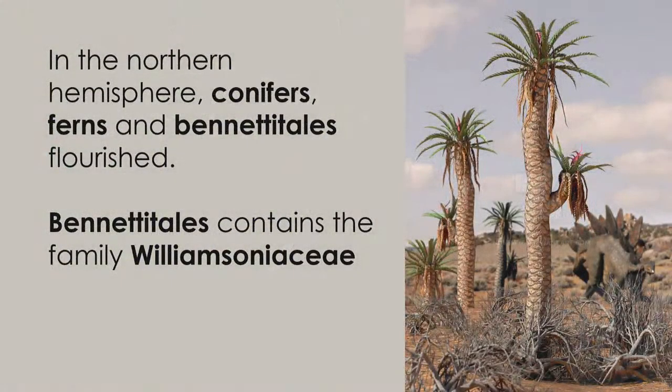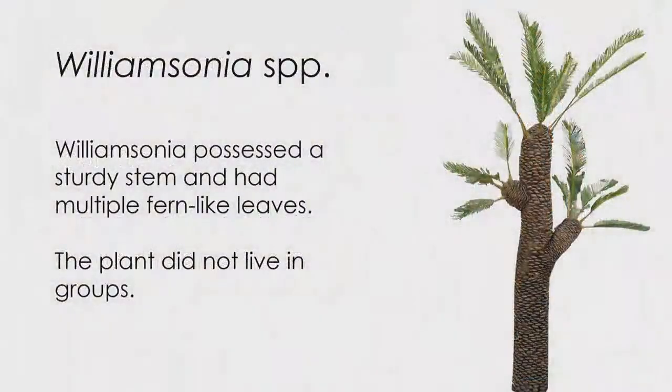In the northern hemisphere, conifers, ferns, and Bennettitales flourish. Bennettitales contains this very characteristic tree you see a lot depicted with these Mesozoic environments, these Williamsonia trees. Williamsoniaceae would be the family.